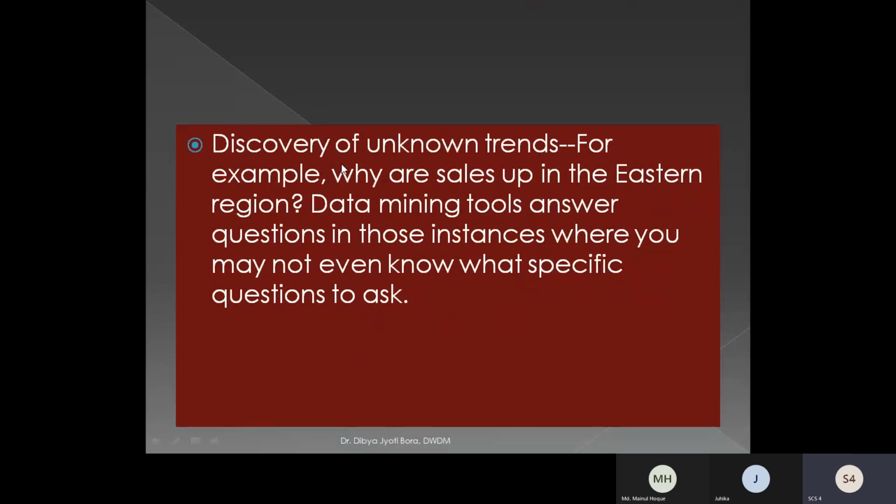Similarly, discovery of unknown trends. For example, why are sales up in the eastern region? Okay, for this you have to use some data mining technique. Unknown trends means what?